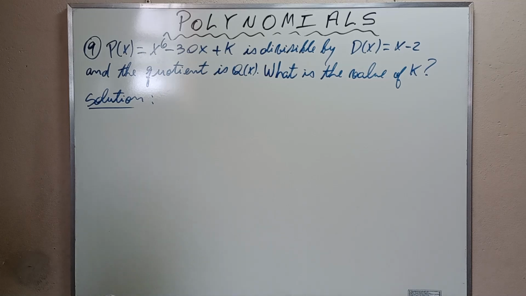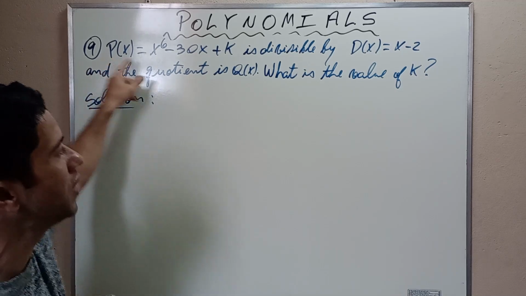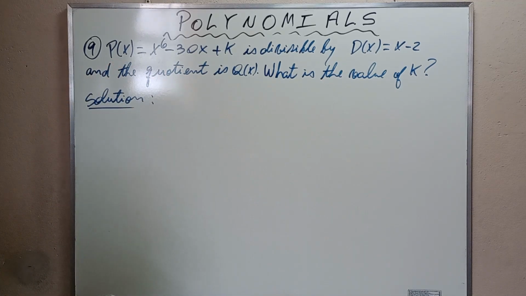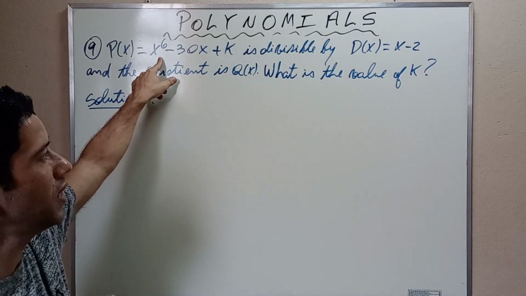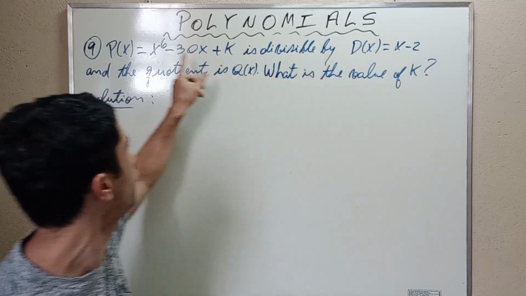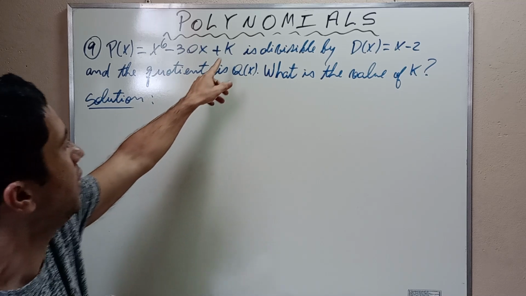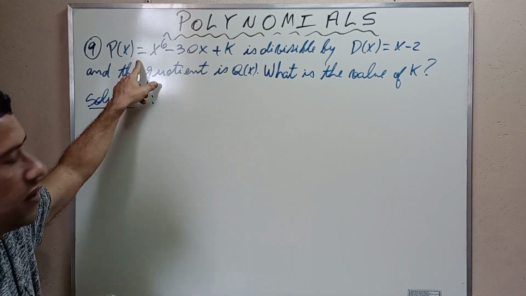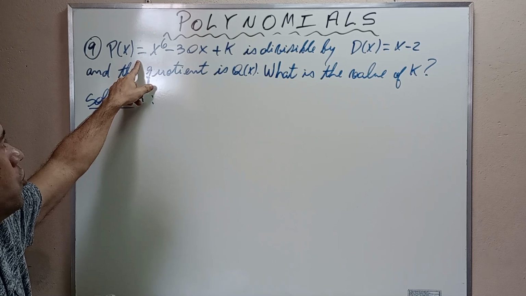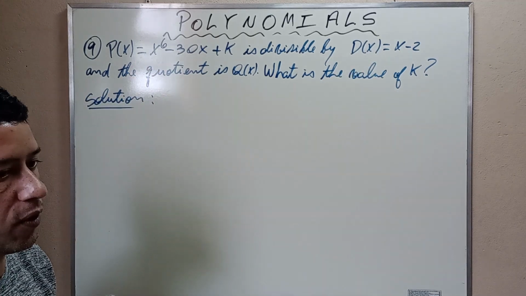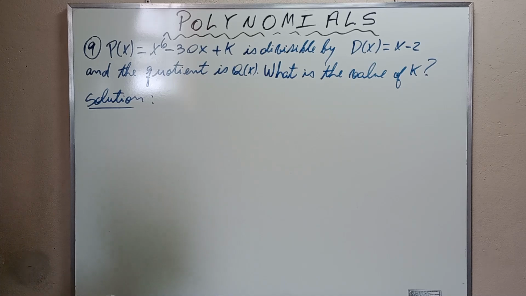The exercise imposes that P of x is divisible by D of x. And what does it mean? It means that they share roots, okay? These two polynomials have common roots. We have a k here, so we cannot find directly the roots of P, but we can find the root of D. And how can we find the root of D?